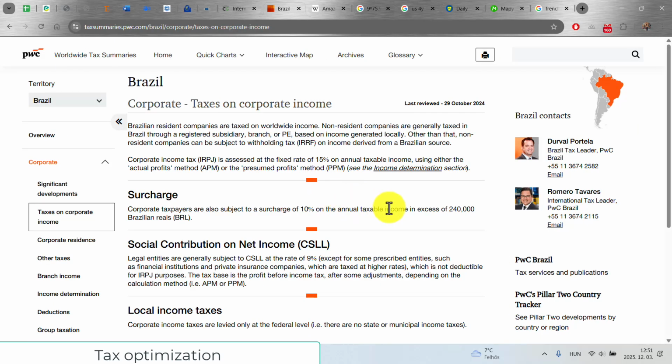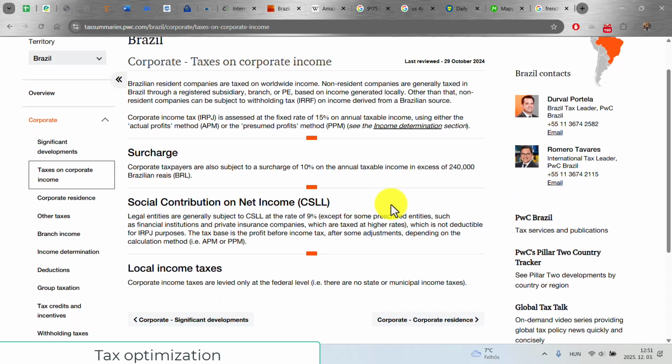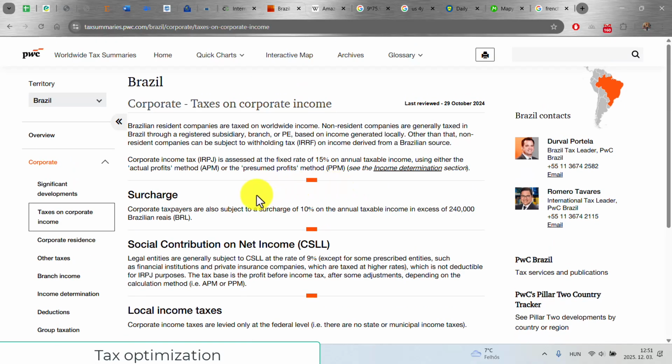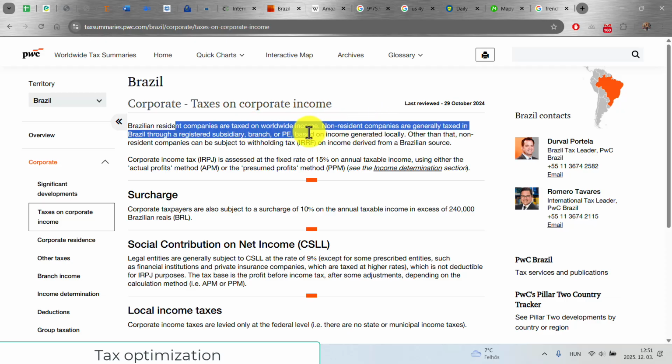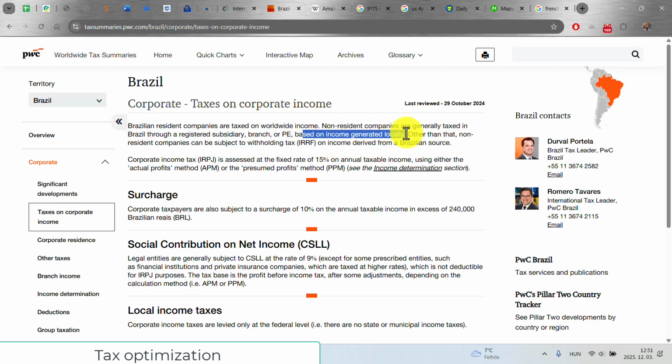So the baseline scenario is that we should pay 25% of our revenues as taxes. Resident companies, general: yes, based on income generated locally.